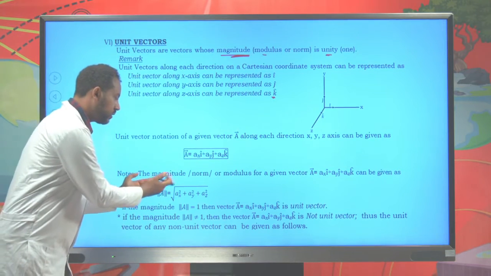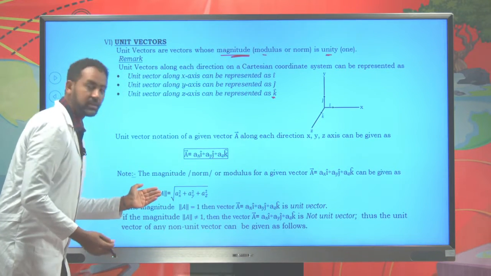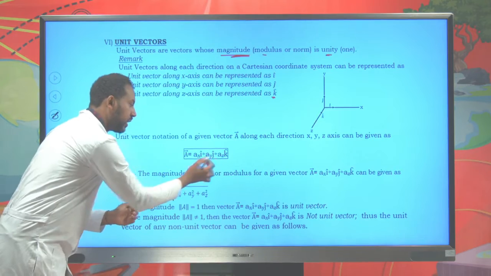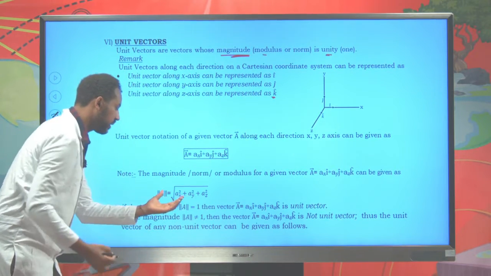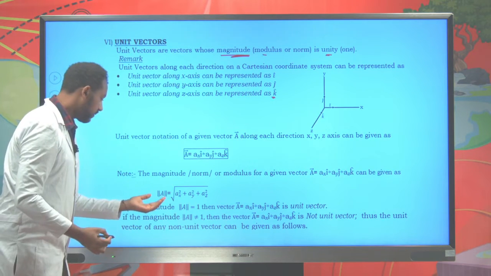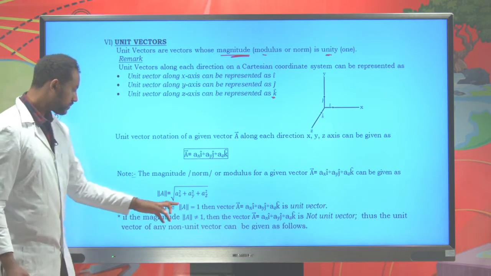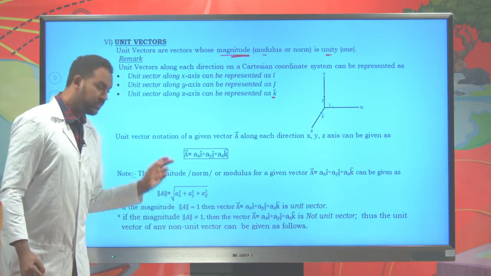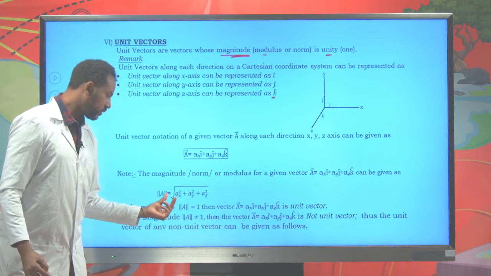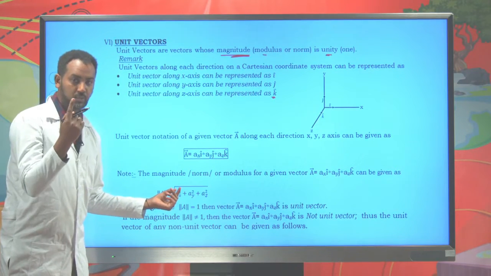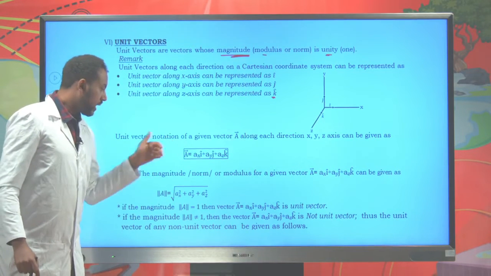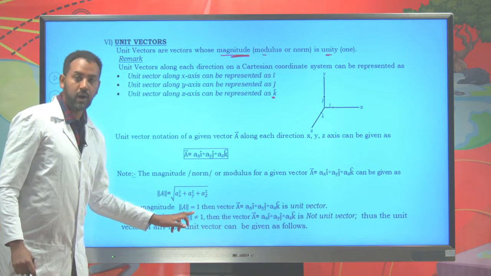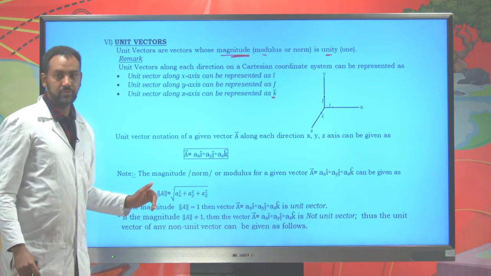The magnitude, or norm, or modulus of this vector is determined by squaring every component: Ax squared plus Ay squared plus Az squared. If you determine the magnitude of this vector and find it to be 1, then this vector is said to be a unit vector. Otherwise, if it is different from 1, it's not a unit vector.